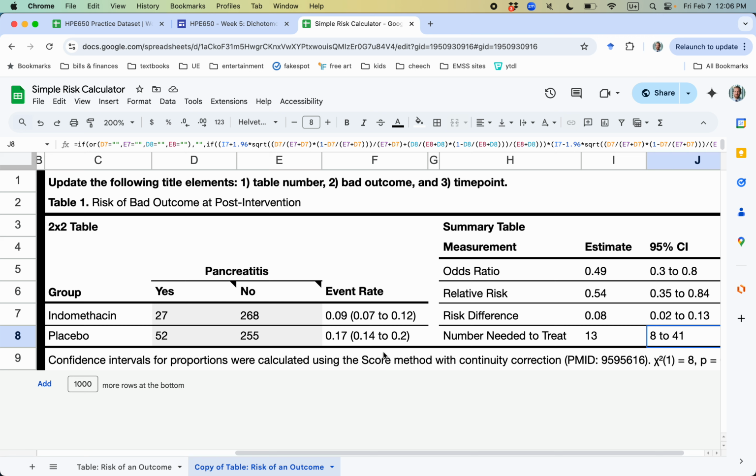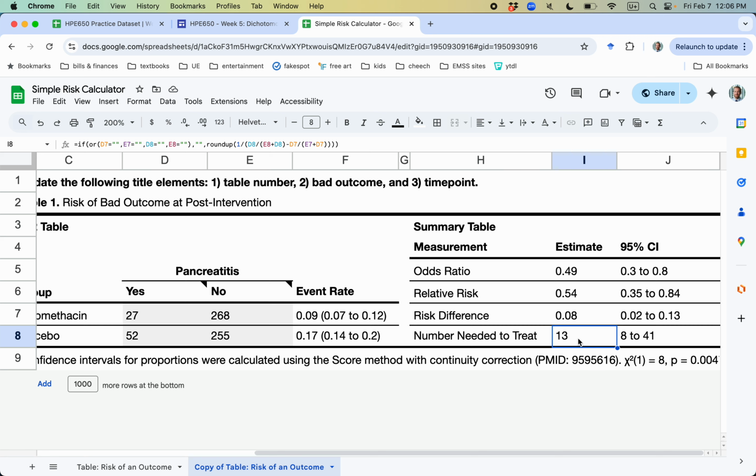That's close to 17% of 13. Given the event rate of 9% in the indomethacin group, out of those 13 people, only 1 person would develop pancreatitis. So in that case, I'm helping 12 people, which is 1 more than the 11 I would have helped in the placebo group. So this is a very handy statistic.